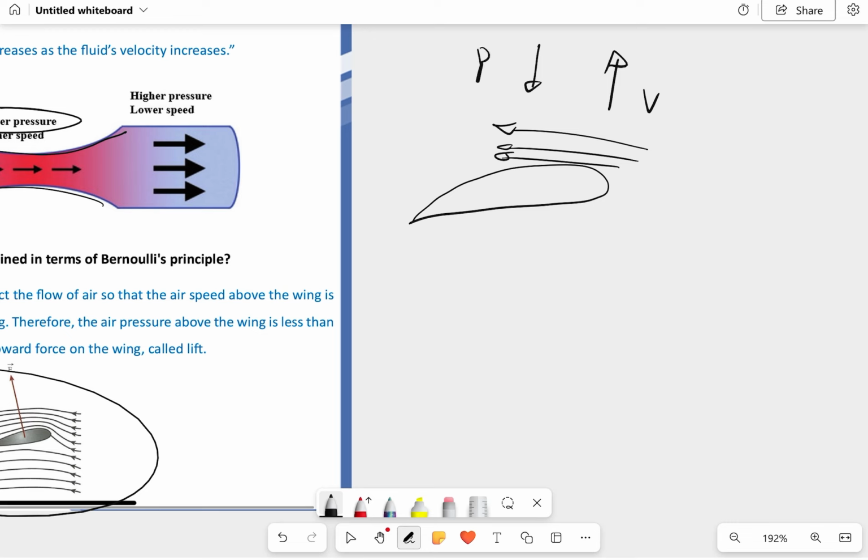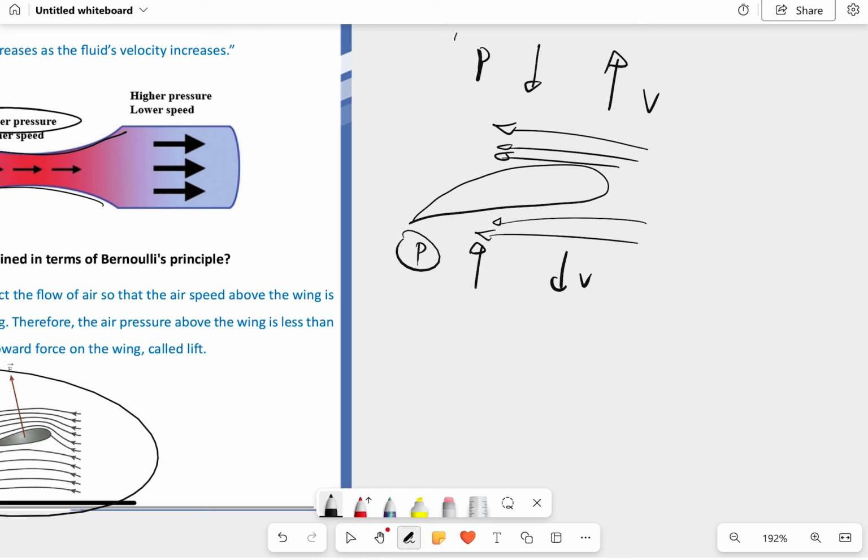Pressure is going to decrease. So pressure is going to be decreasing here. This is above the wing, but beneath the wing, guys, the downside, it's going to have what? It's going to have a lower speed, okay? But the pressure here, we said that if the speed is decreasing, then pressure is going to increase too.